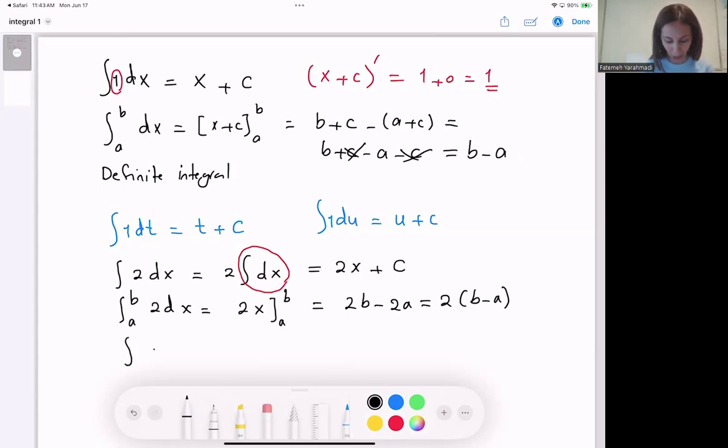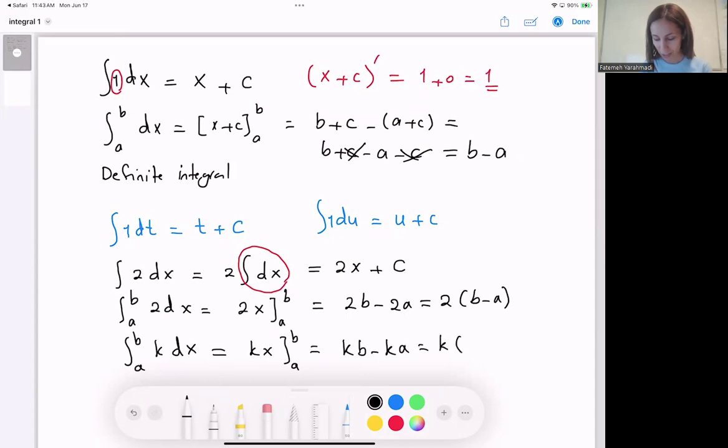I have the integral of k dx, x ranges between a to b. What is this integral? This integral is k times x, x ranges between a to b, which can be written as kb minus ka, or if you factor out k, b minus a.